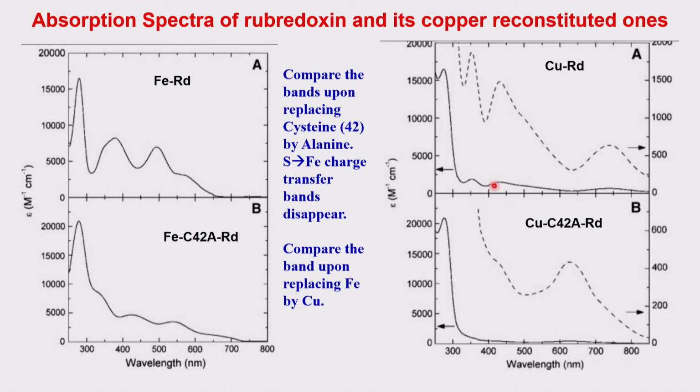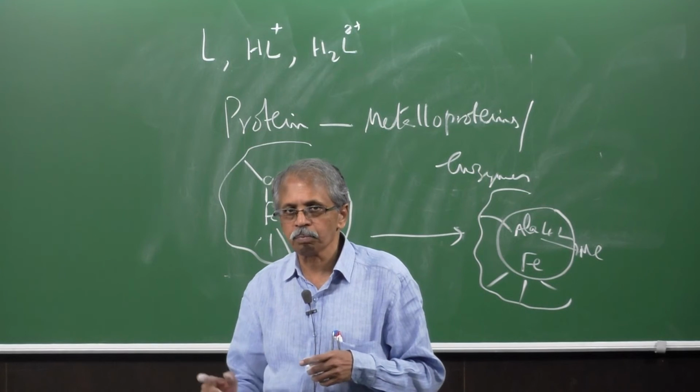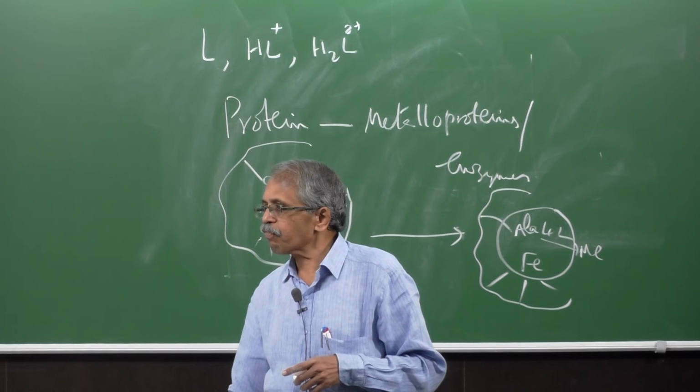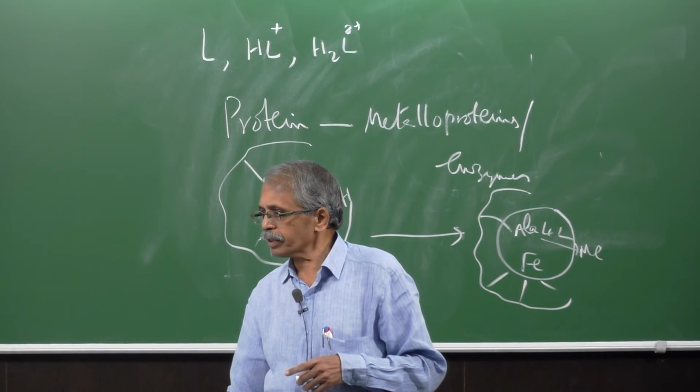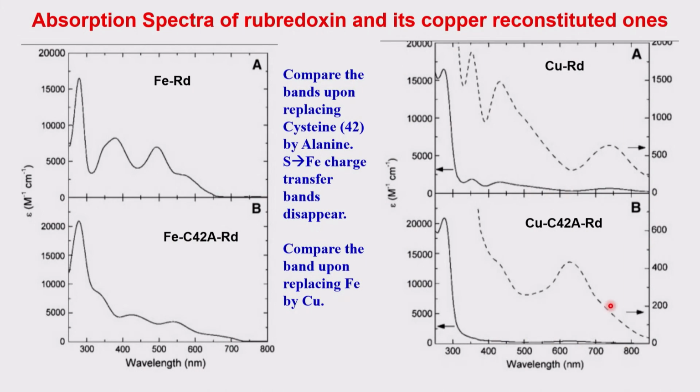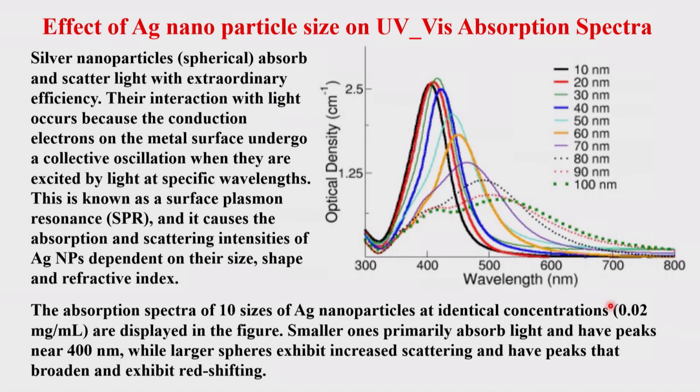So this region is diminished, this region is more or less diminished. If you had replaced all the 4 cysteines present in the original protein, you would have seen a completely flat line here, but it is not completely flat because you removed only one of them. So I hope you can see that a variety of changes are reflected in the absorption spectrum, and you can use them as well.